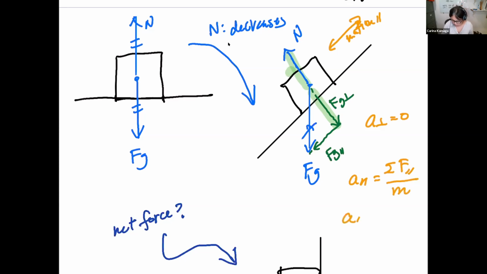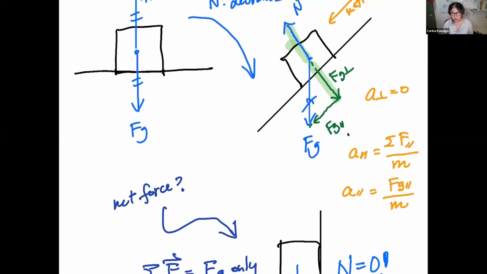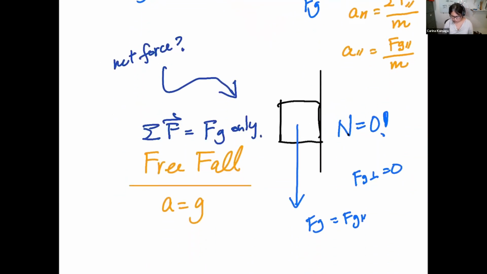In this case, that equals Fg parallel divided by mass. So that's why A parallel is equal to Fg parallel divided by m, and that's equal to g.